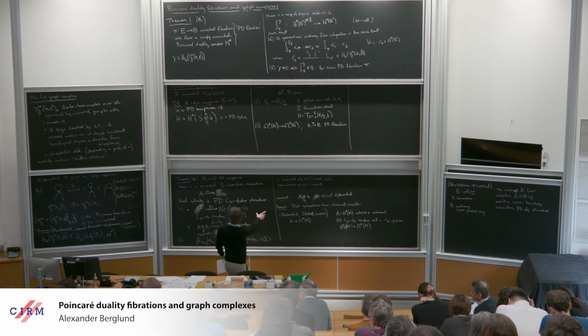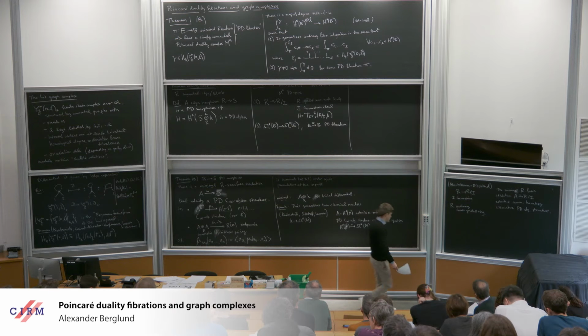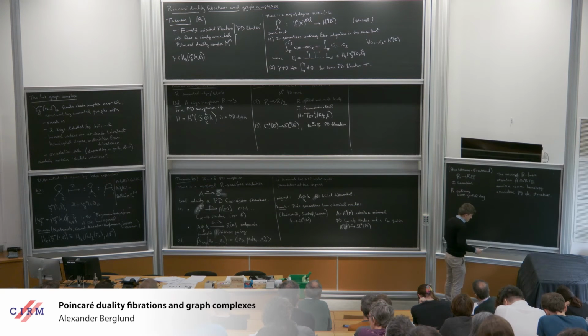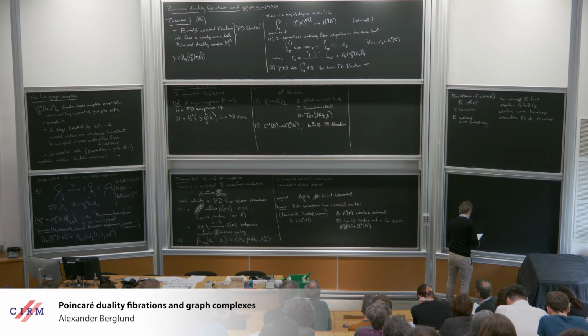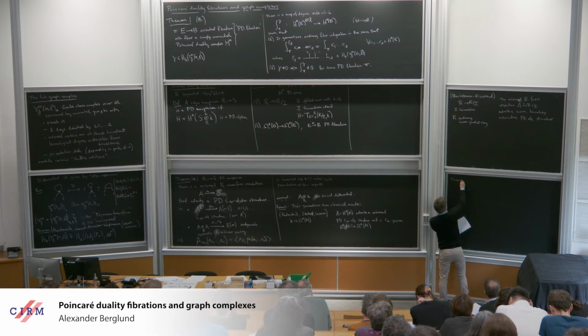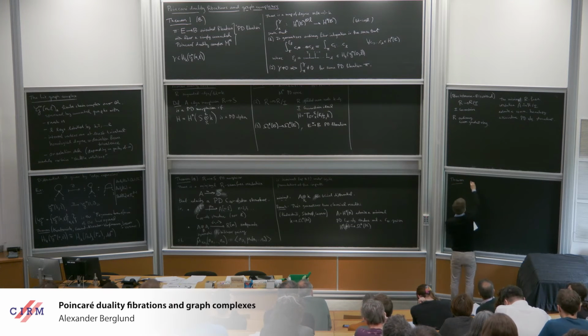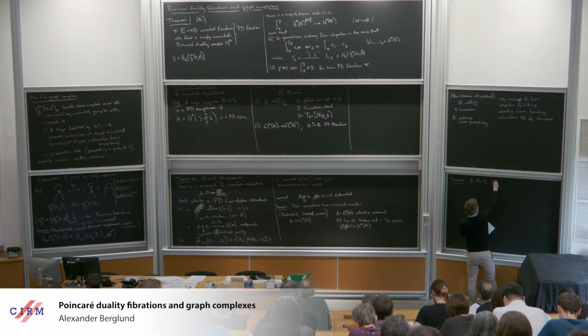Okay, so then granted the existence of these types of resolutions, we can do the following. Now that we have such resolutions, let's give ourselves a Poincaré duality morphism, let's call it pi.